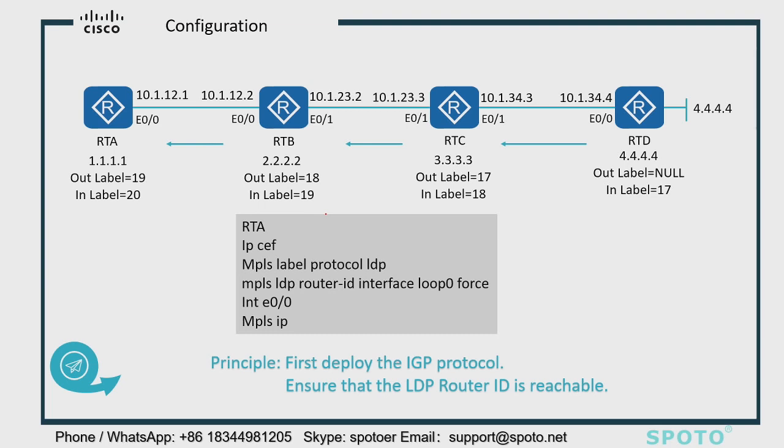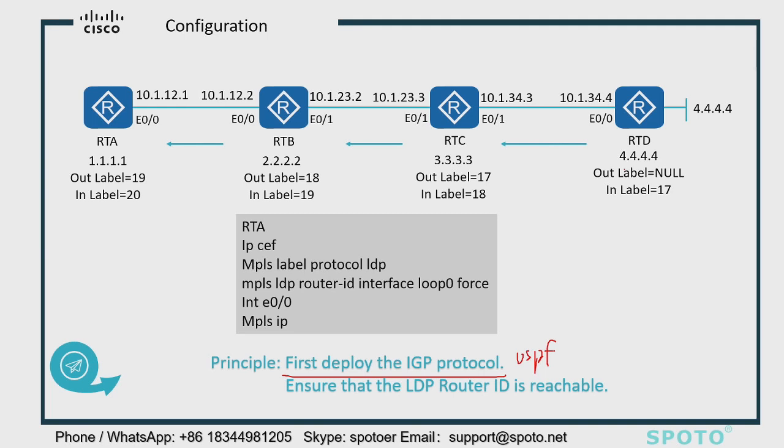This is the dynamic protocol. So just like this one, for the 4 different routers, the first principle is we need to configure the IGP protocol, so maybe the OSPF. So it means you need to let the different routers communicate with each other. So this is the first step.